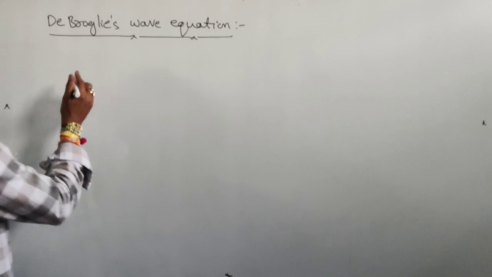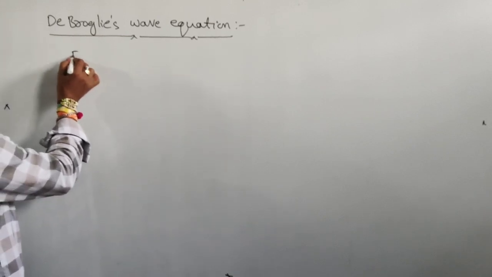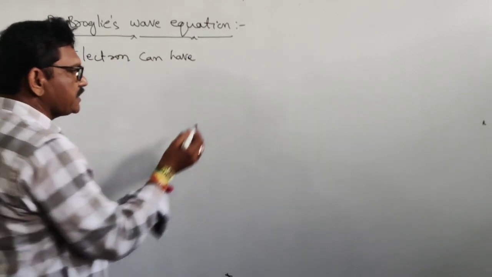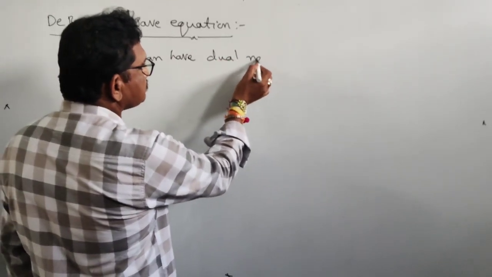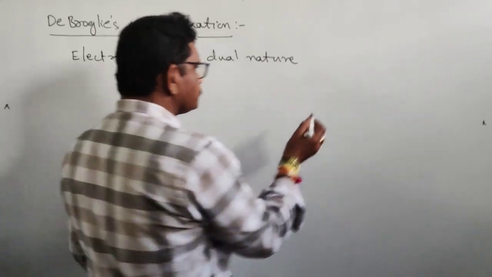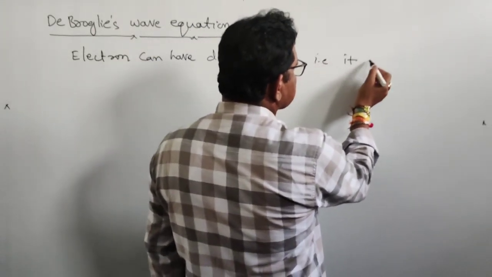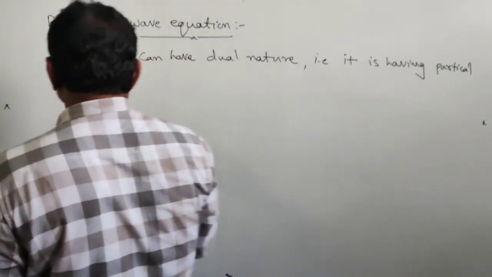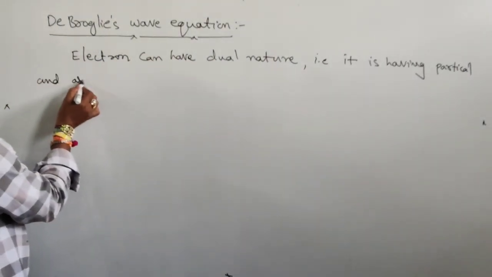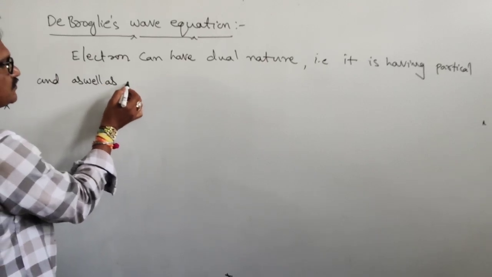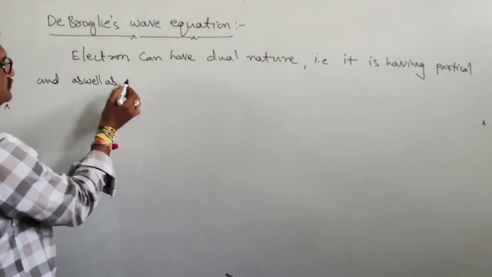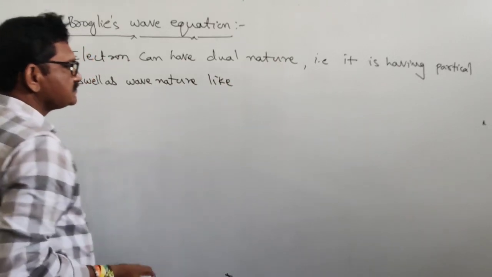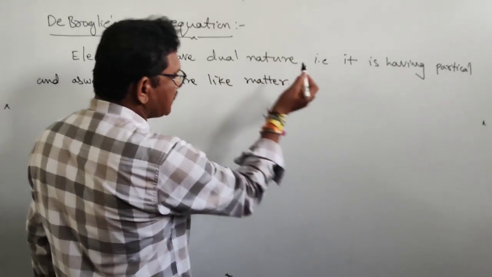See, electron can have dual nature. That means it is having particle as well as wave nature, like matter.